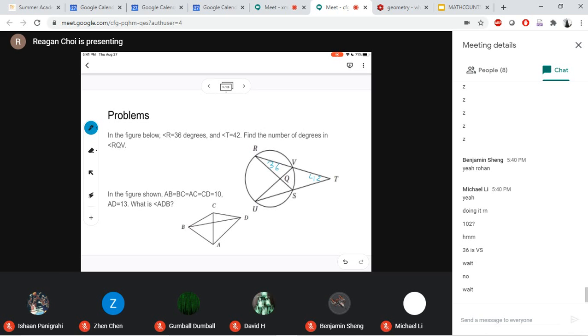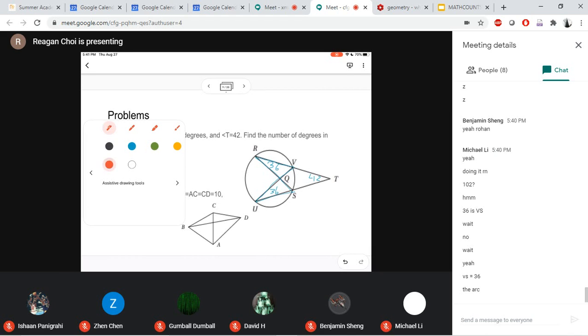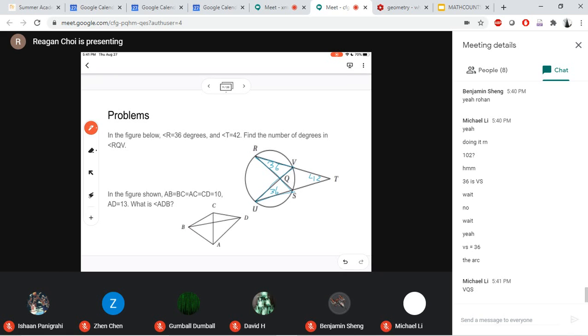Alright, what's the first step, guys? VS is 36, so the arc is 72. What we have to use is VRS equals VUS because they're from the same arc, so this is also 36. What other angles can you find? VQS? Really?